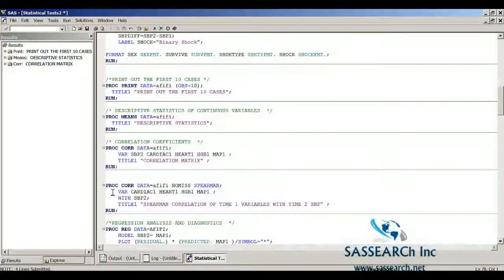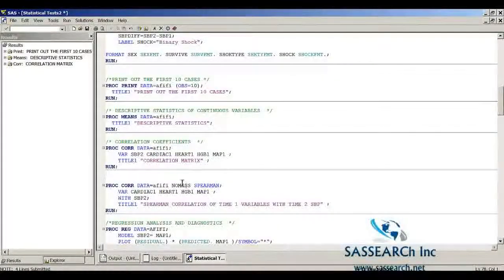Now, let's say we're concerned that we do not have normality of one or both of the variables. Then the non-parametric method for producing a correlation coefficient is using Spearman's correlation coefficient. And so here, to request Spearman, we just write Spearman in our PROC CORR statement.